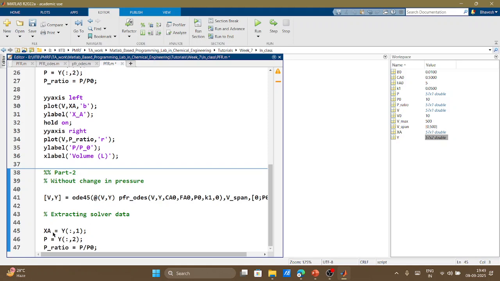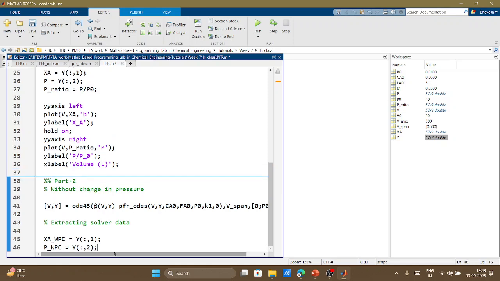Then my XA without pressure change, I am writing it as WPC. My pressure, I don't have to take the ratio anyway, it will be 1. So let's run it and see.